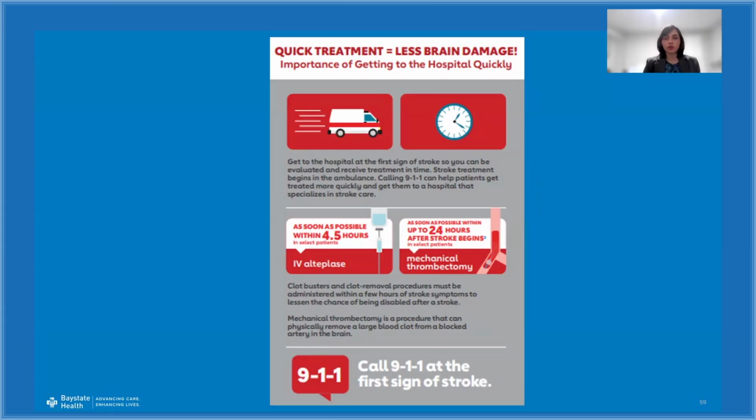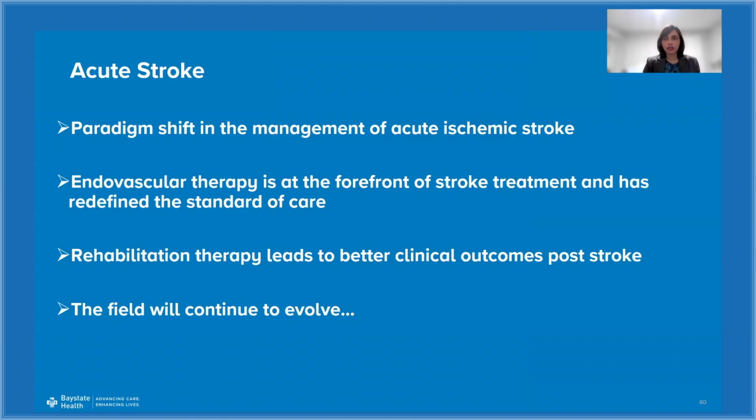The best approach is to call EMS in any situation because they know where the closest hospital is. They know where the thrombectomy-capable center is. In our case, Bay State is a center where we do offer such advanced treatment.